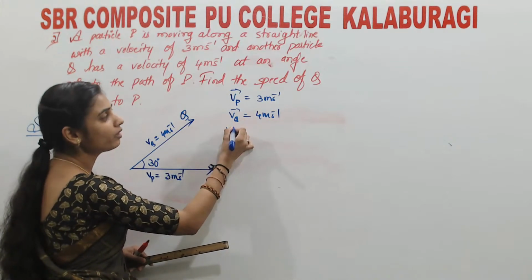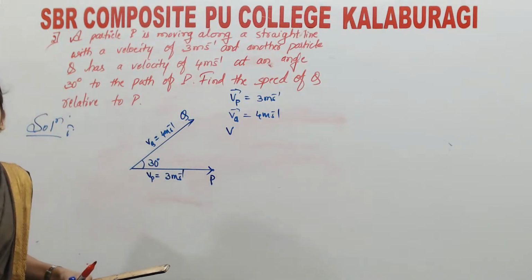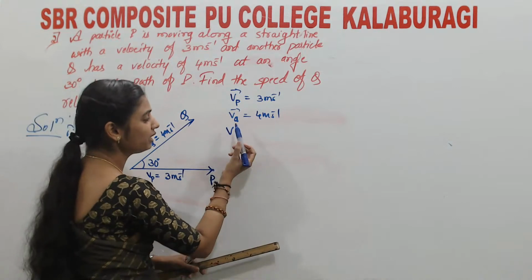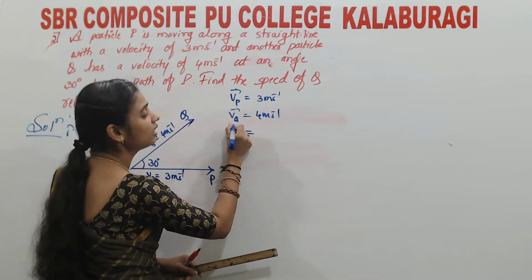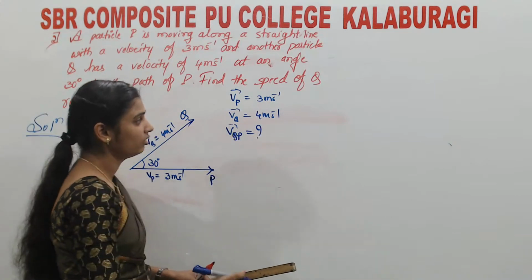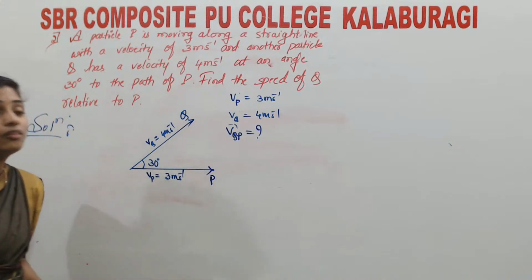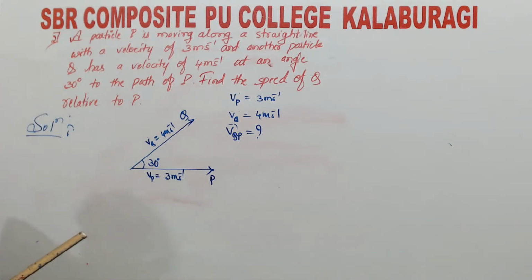They are asking for the velocity of Q with respect to P. They have not given the direction, so you will just write down the velocities. I hope all of you have got it.